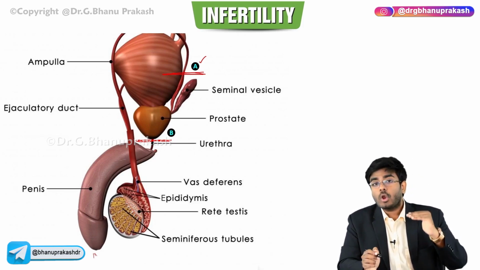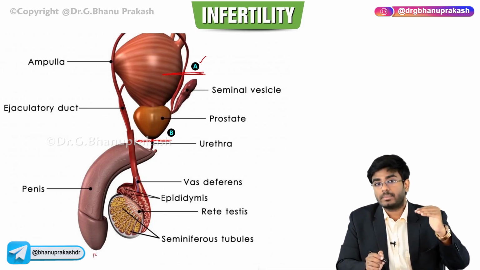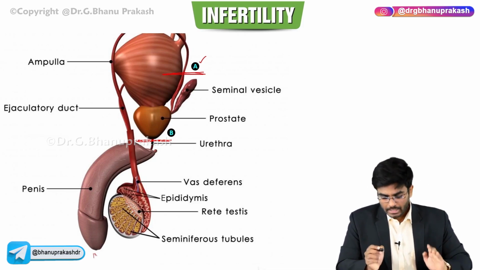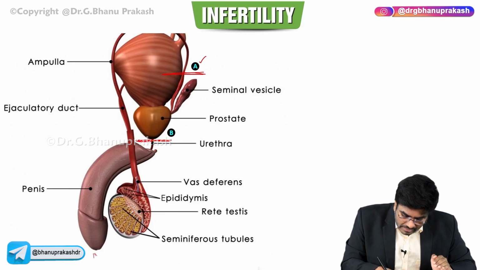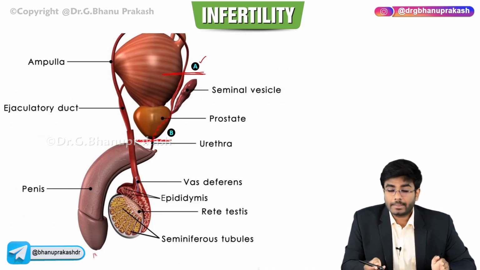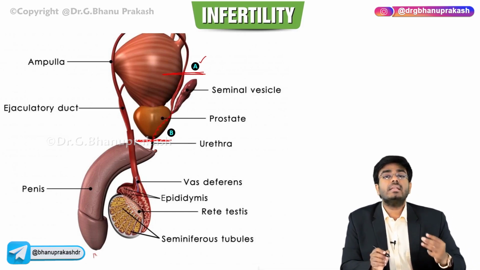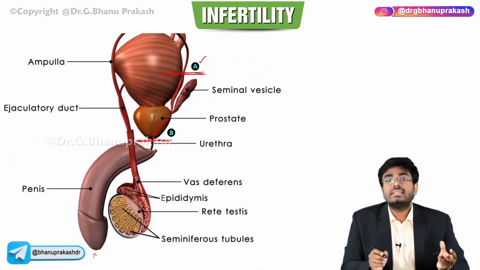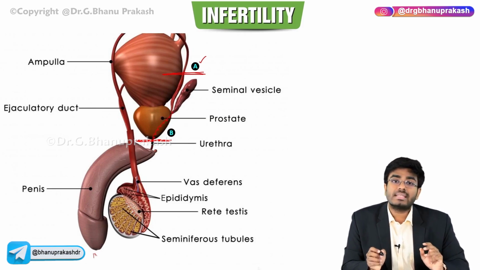Why? Because the block is present above the seminal vesicle. Now if there is a block at level B, the seminal vesicle contents are not able to enter into the semen. So whatever little amount of semen comes out, that semen is fructose negative.